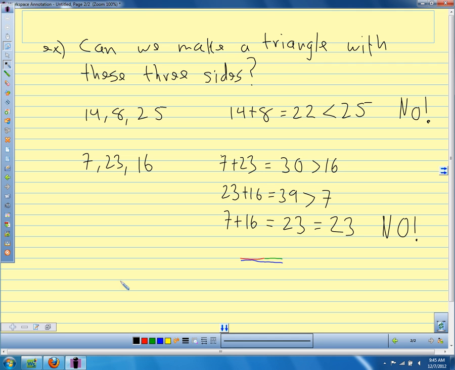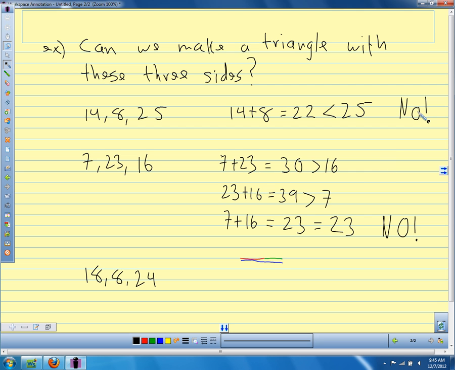Let's look at another combination. What's the biggest number? Are you assuming something about the base? It doesn't really matter how it's arranged, but when I add any two of the sides, that number has to be bigger than the side that we didn't add. So any combination of two has to be bigger than the one that we didn't use.